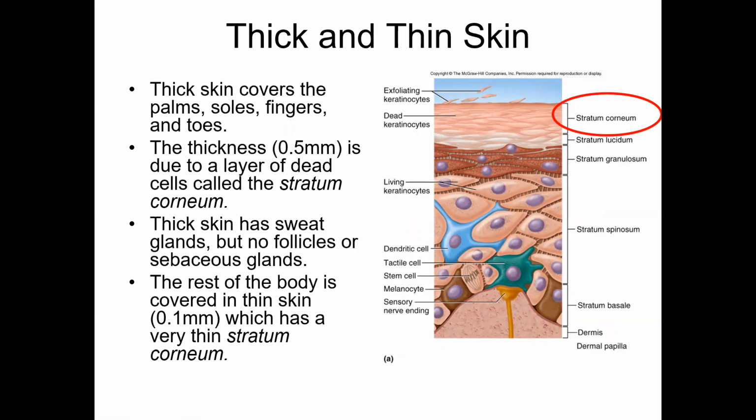The thick skin has sweat glands, but there are no follicles or oil glands there. All the rest of your body is covered with thin skin, and there the stratum corneum is much thinner, and the stratum lucidum is all but absent. The rest of your body is, of course, covered in oil glands and hair follicles.